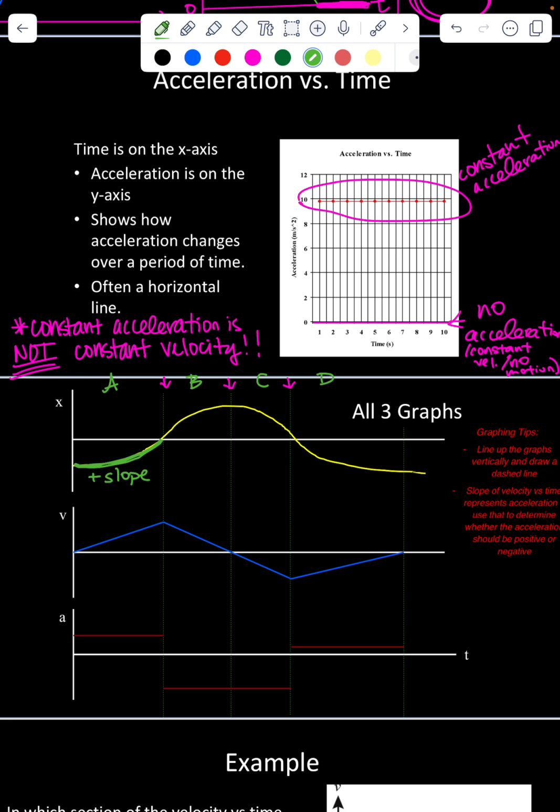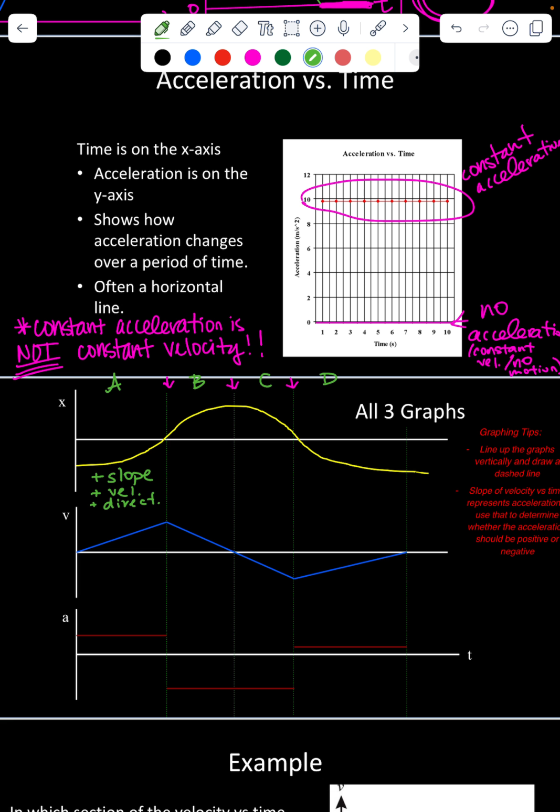That positive slope means that we have a positive velocity, so it's going in the positive direction. Now, it's either speeding up or slowing down, so we have to look at what the slopes are doing.